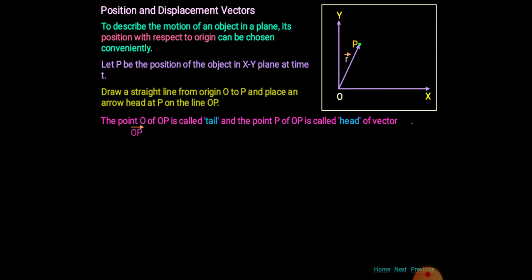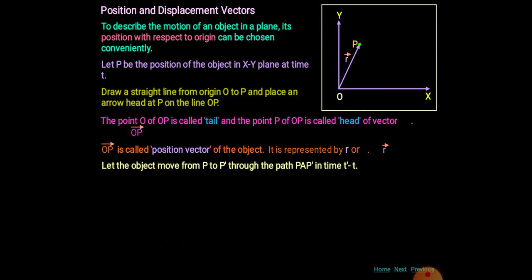So O is the tail and P is the head. This OP vector, we know, is the position vector of the object, and it is represented here by R, or we can write R bar, that is R vector.